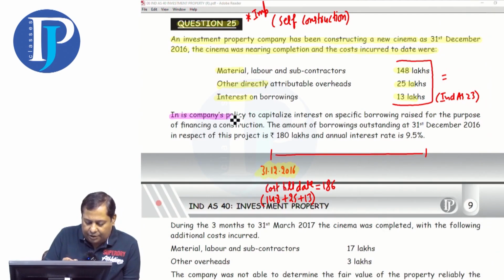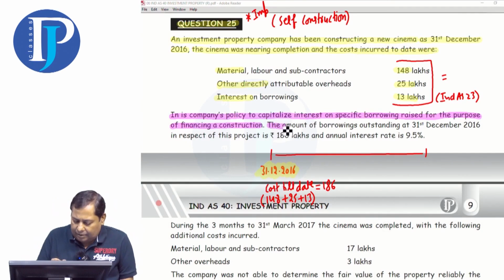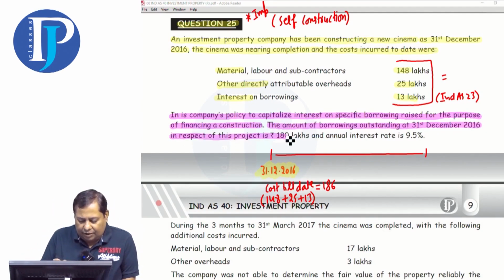The company's policy is to capitalize interest on specific borrowing raised for the purpose of financing a construction. Look here students, we already know all this logic. Here the amount of borrowings outstanding at December 31st, 2016 in respect of this project is 180 lakhs and annual interest rate is this.